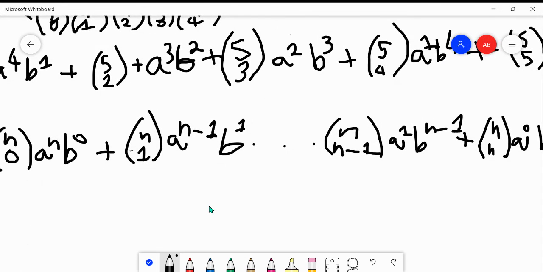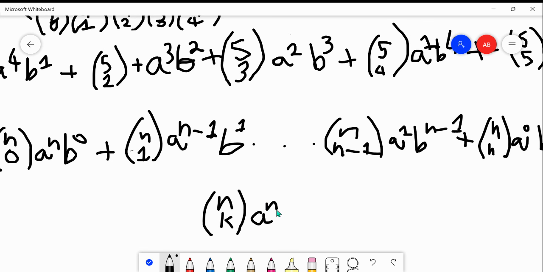So we can write a general term. Any term of n choose k, any one term will look in this format, where k can be anything, k can be 1, k can be n minus 1, whatever.